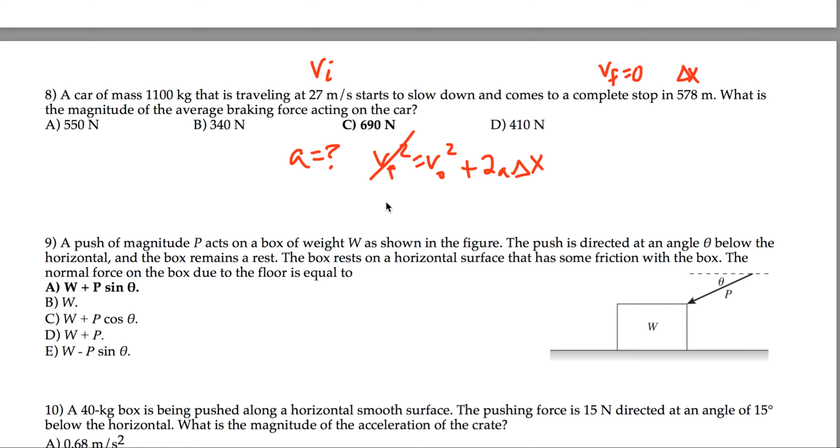V final is 0, so acceleration is going to be negative V initial squared divided by 2 times delta x. And then we know that the force that produced this acceleration is equal to m times a. So plug in the mass, which was 1100 kilograms, times the acceleration that you found here, and you should get 690 newtons.